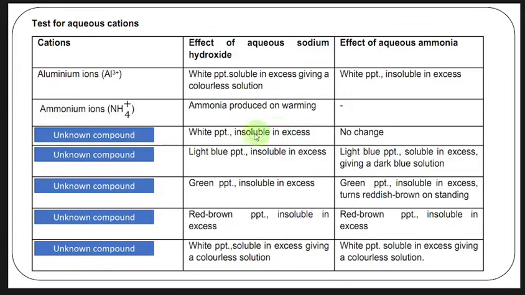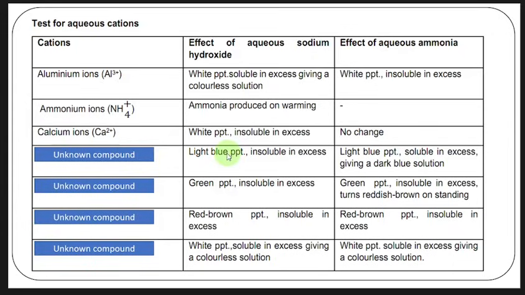Then you add aqueous ammonia to the other portion that you shared. You add a few drops and observe no change, then you add excess and again observe no change. Then the compound you were testing contains calcium ions as the cations.